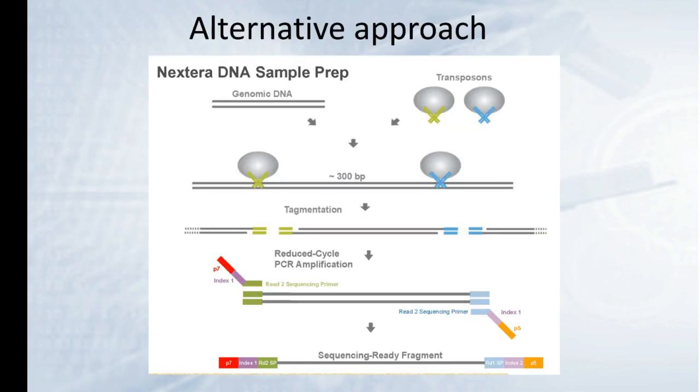There's an alternative approach, which is actually the one that we will most likely be using for sequencing your genomes. And that's instead of shearing the DNA, using physical forces or ultrasound into these fragments, we use this really cool approach where you capture the activity of a transposase.